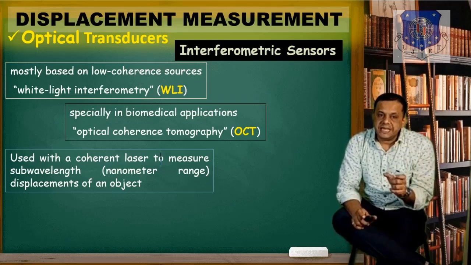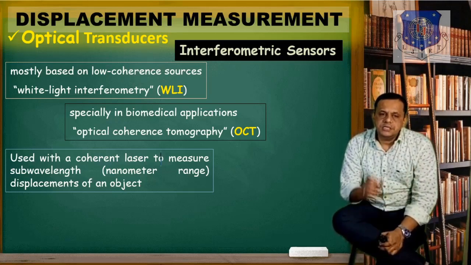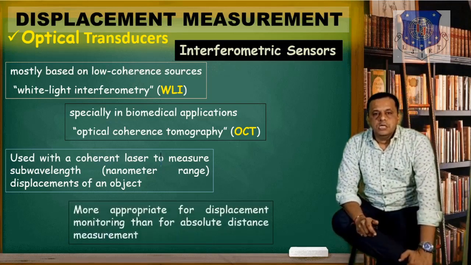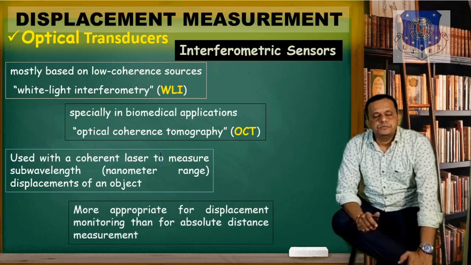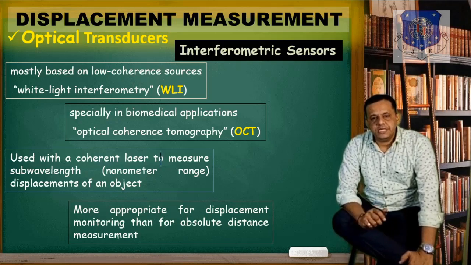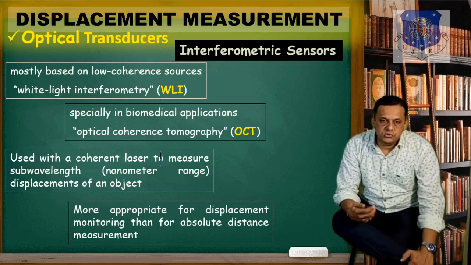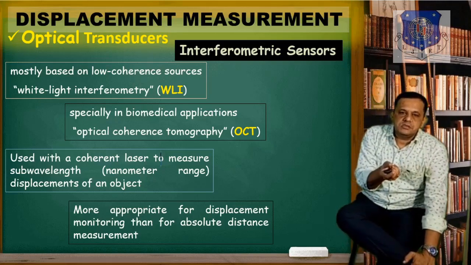Sub-wavelength means nanometer range displacement of an object, and it is actually appropriate for displacement monitoring rather than to measure the absolute distance.